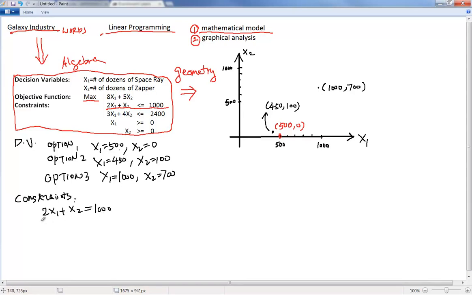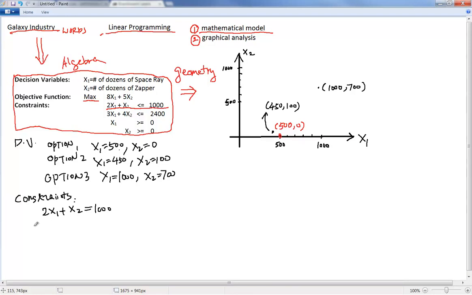And we all know this is the representation of a straight line. And a straight line is defined by 2 points. So we just need to find 2 distinct points so we can locate this line in this two-dimensional coordinate system. How do we do that?